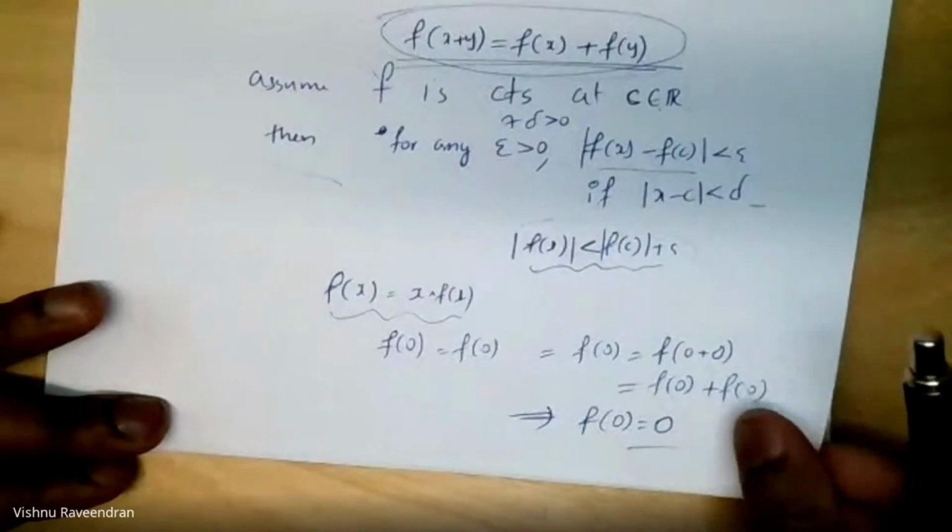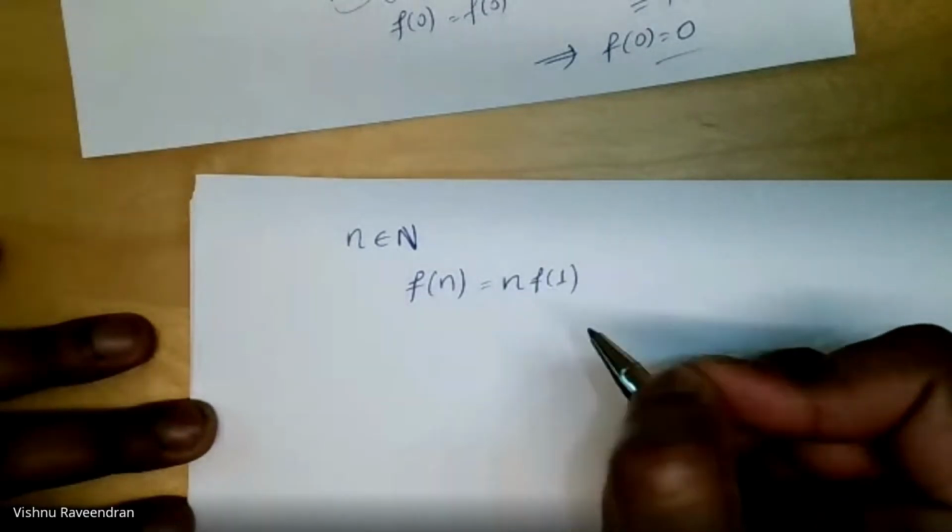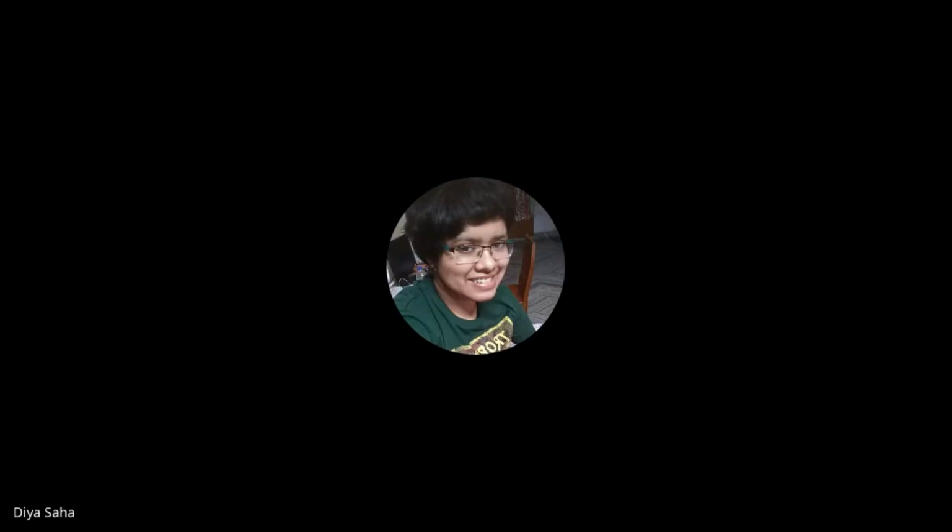And sir, for any positive integer n, f of n is n into f of 1. And similarly, for negative integers, we can show that f of minus n is minus n into f of 1.